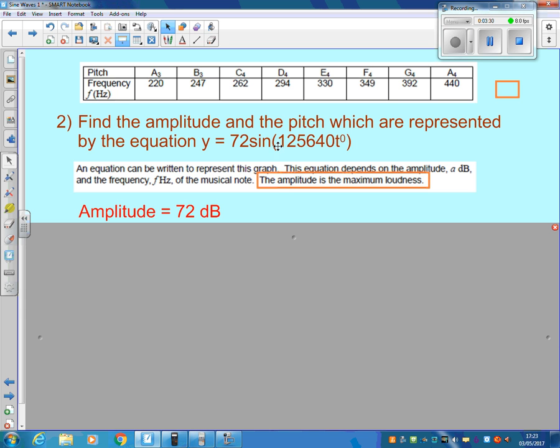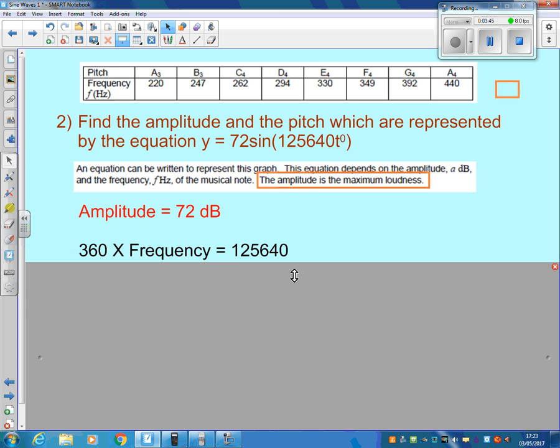Now let's look at finding the pitch. What we did in the previous case, we multiplied the frequency by 360 in order to get the number that comes here. So if we want to work backwards, you've got to do 360 times the frequency is equal to 125,640.